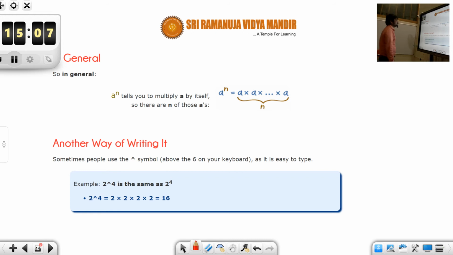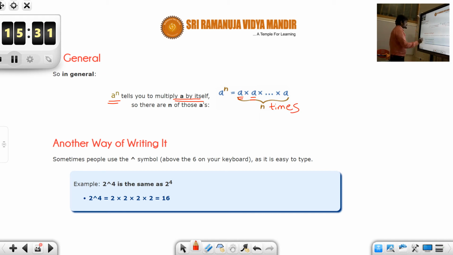So in general, students, give importance to this. In general, a raised to the power n tells you to multiply a by itself. How many times? What is the exponent? That is n. So you need to multiply a with itself n times. Okay.